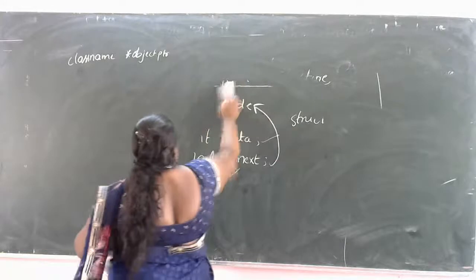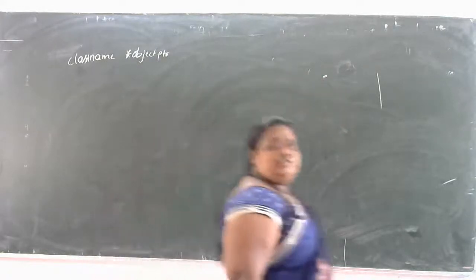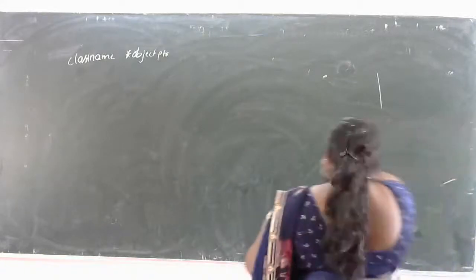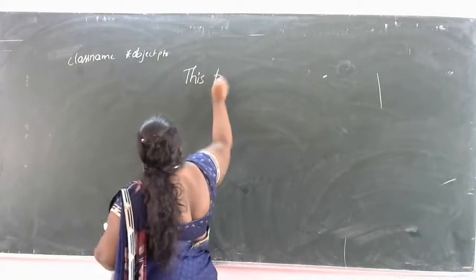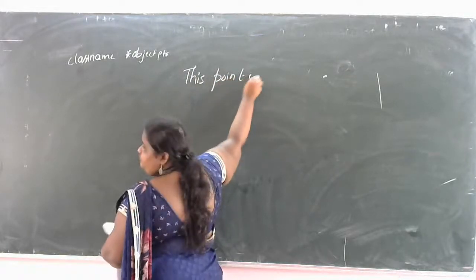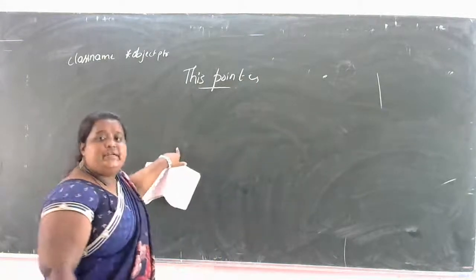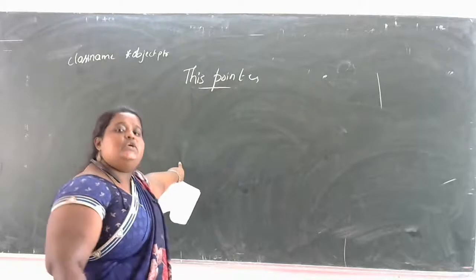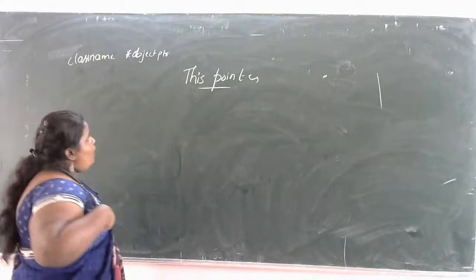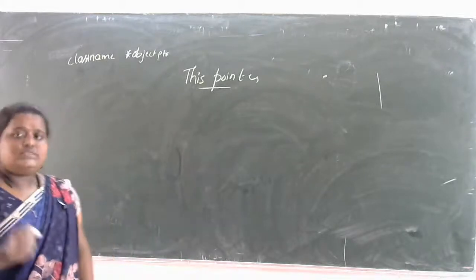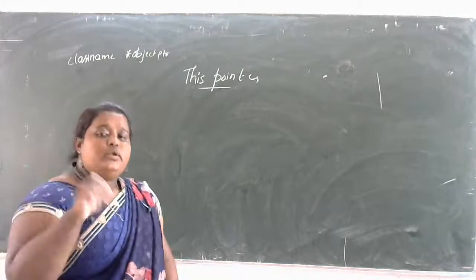The next one is the this pointer. The this pointer allows an object or a variable to access its own address.